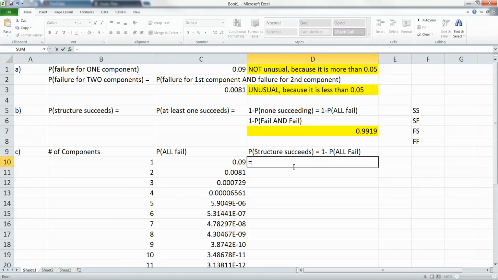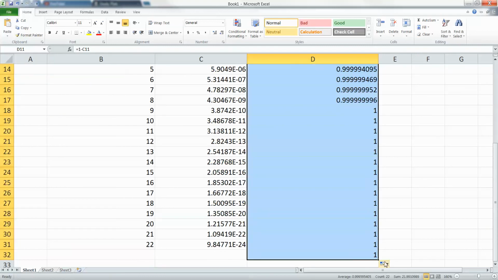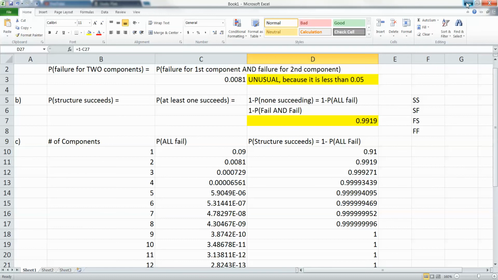But we're just taking it and kicking it up a notch. It's 1 minus that guy. So you can see the one we already found is right here for 2, 0.9919. But then you could expand it and keep dragging it down. And what you're looking for is the first one that's over the threshold they want.